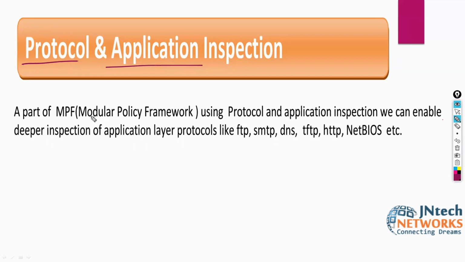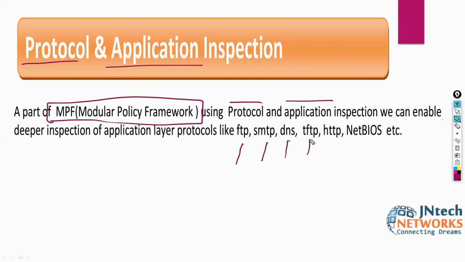In Cisco ASA we can discuss a concept called the modular policy framework. This is called deep packet inspection. Using MPF, you can inspect protocols and applications like FTP, SMTP, DNS, HTTP, NetBIOS. So your firewall can inspect these applications.